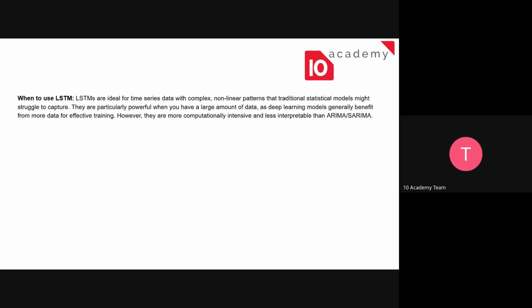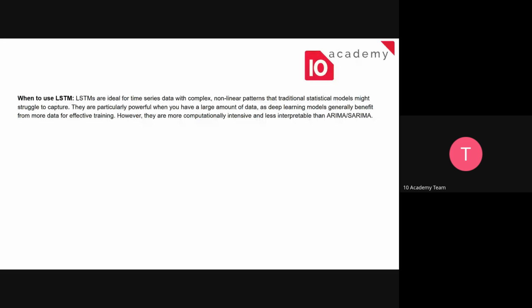The LSTM model can understand that complexity without the need for the data to be stationary. We can just use that type of complex data to predict the future.